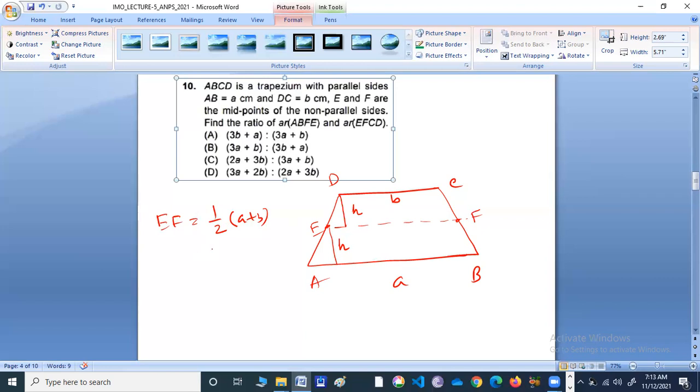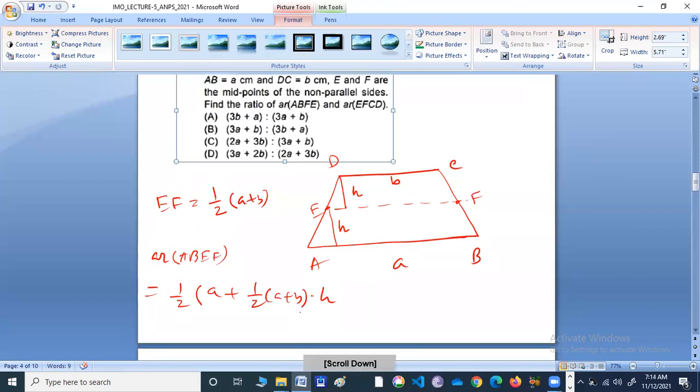So now it becomes very easy. Area of ABFE will be what? Sum of the parallel sides into the distance between them. So area of ABFE will be half of the sum of the parallel sides, that means half into A plus half into A plus B into the distance between them, that means H. Okay.